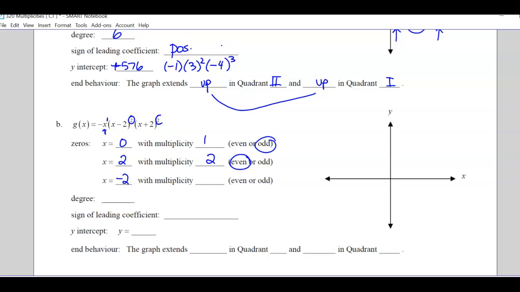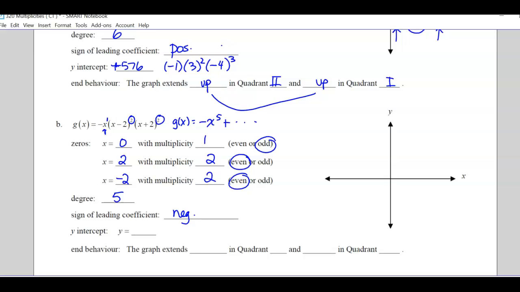Exponent on x plus 2 is 2, so that is also even. So the degree is 1 plus 2 plus 2, which is 5. Sign of the leading coefficient, so that's negative x times x squared times x squared. So this would be equal to negative x to the 5th, plus a whole bunch of other terms. So that's negative.